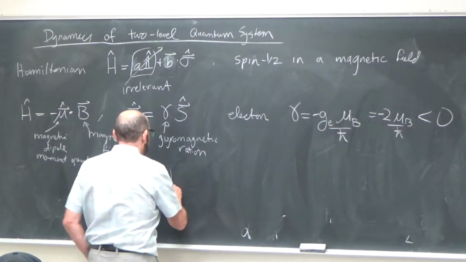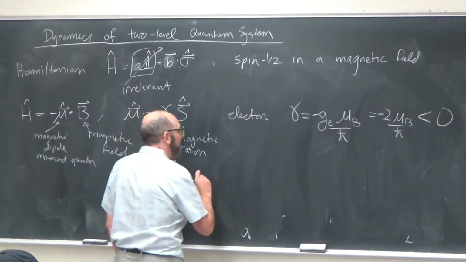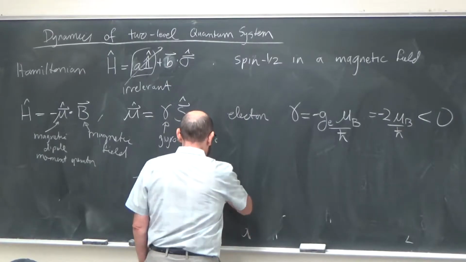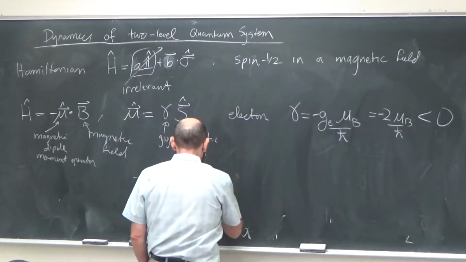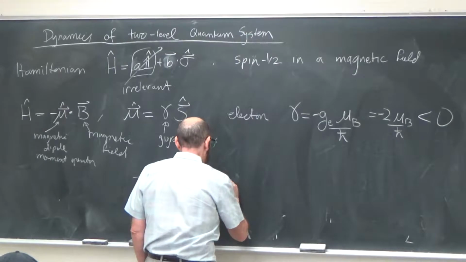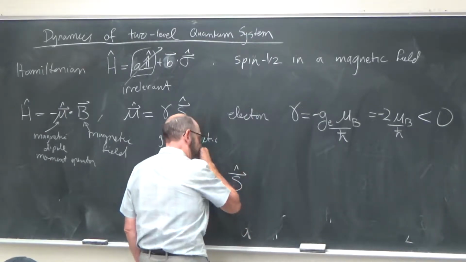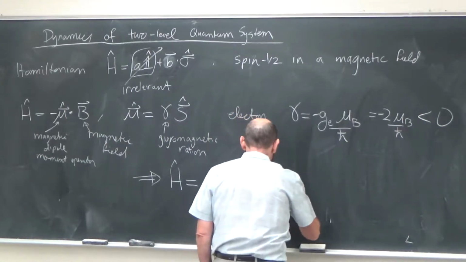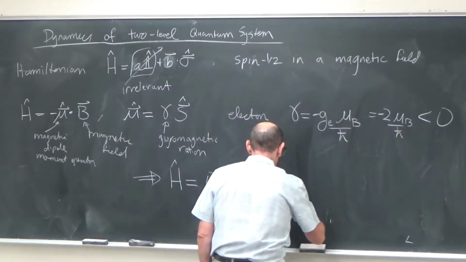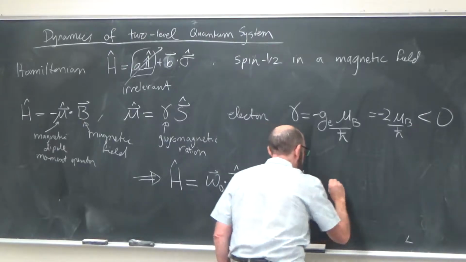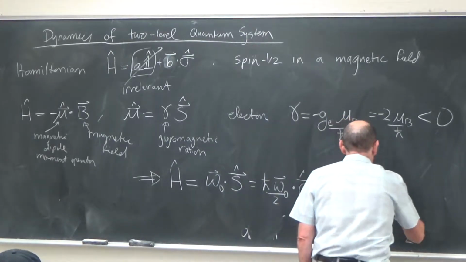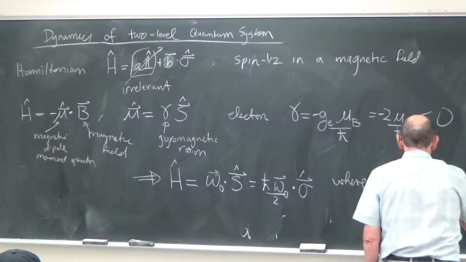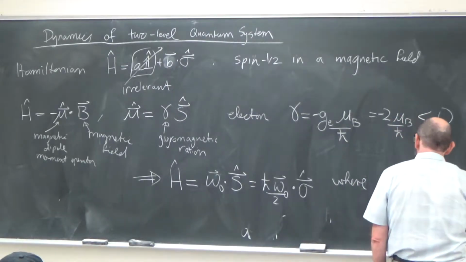The Hamiltonian then takes the form omega naught dot S, which is h bar omega naught over 2 dot sigma, where I've chosen omega naught to be equal to minus the gyromagnetic ratio times the magnetic field.